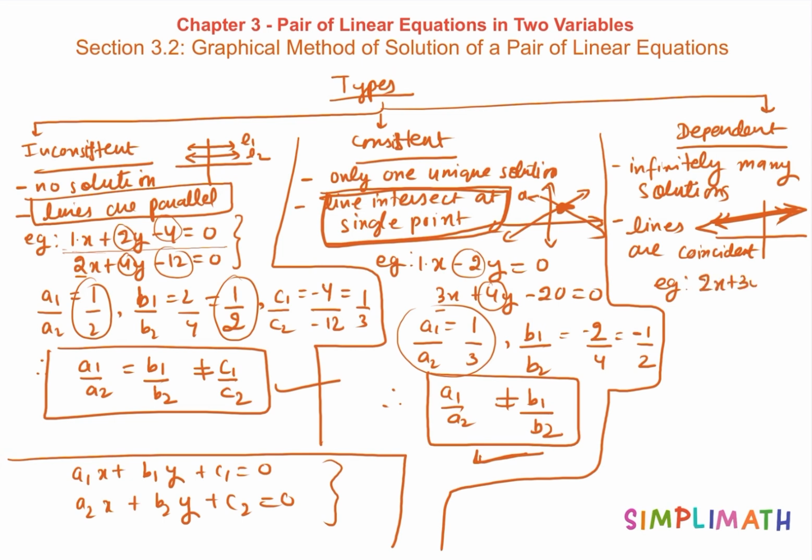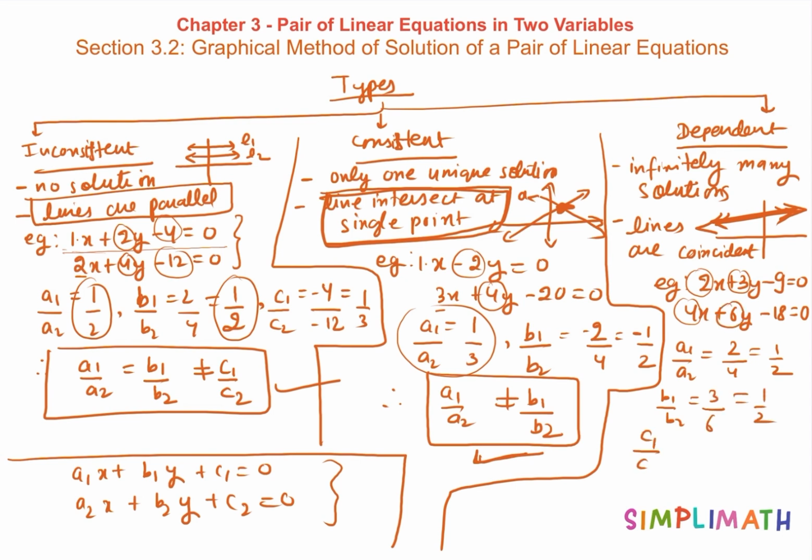2x plus 3y minus 9 equal to 0 and 4x plus 6y minus 18 equal to 0. Okay, now what is a1 by a2? a1 is 2. What is a2? a2 is 4. 1 by 2. What is b1 by b2? b1 is 3. b2 is 6. So half.